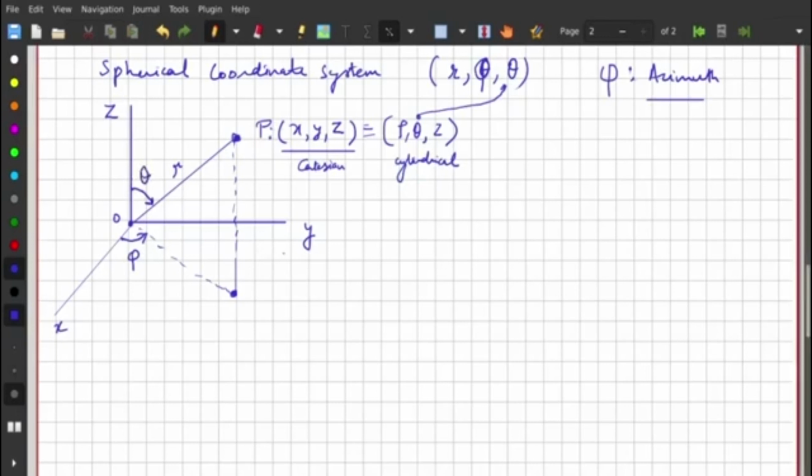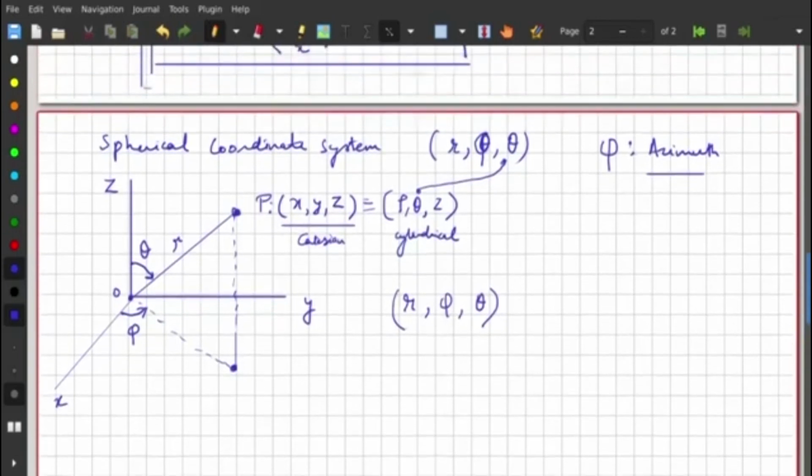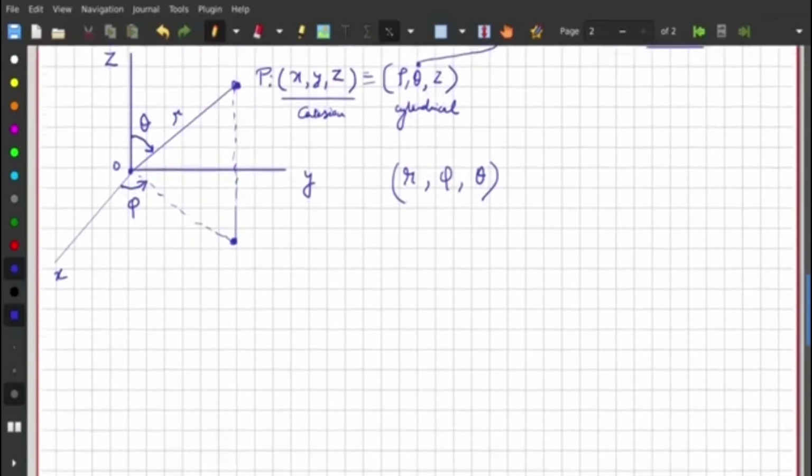So r, phi and theta are the three numbers that represent the same point P in spherical coordinate systems.